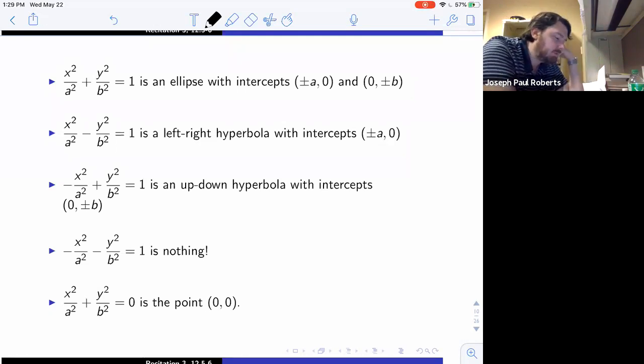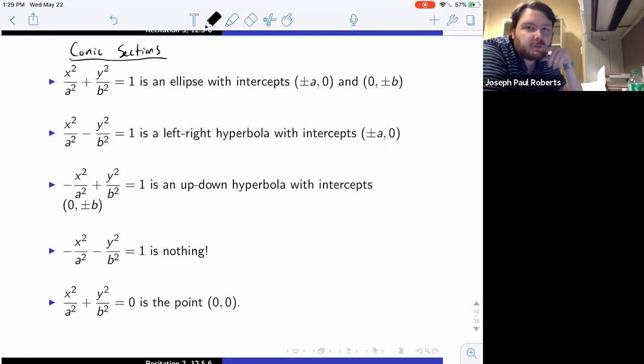Remember the curves. I didn't put parabolas on here because I think everybody's pretty comfortable with parabolas. If you're not, go back and think about it. But when you have both x squared and y squared, there are different possibilities.